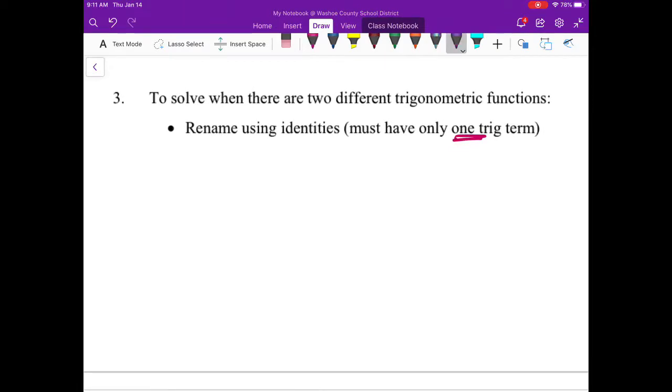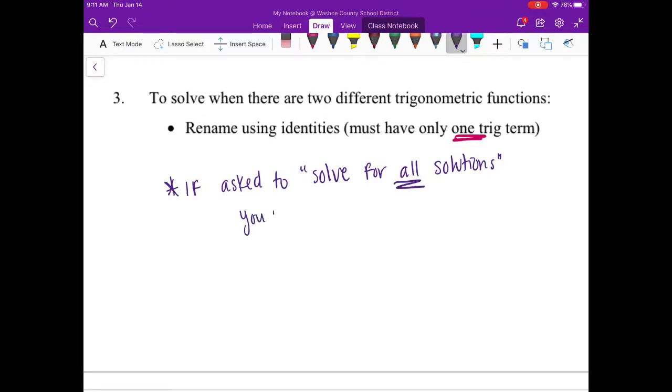And generally, if the instructions tell you to solve for all solutions, this just means that we want you to add 2 pi n to the end of your answer.